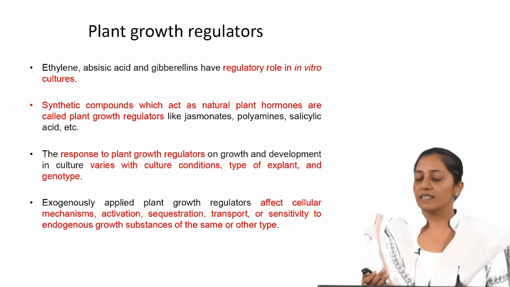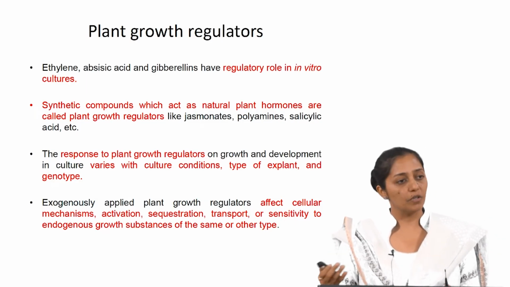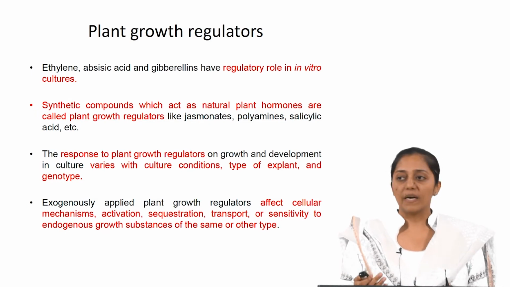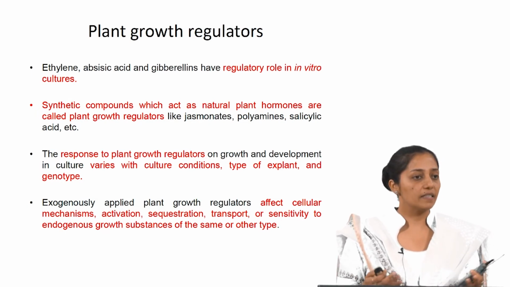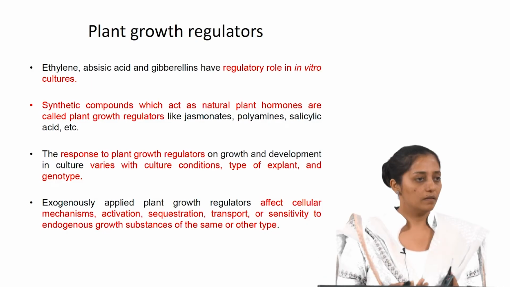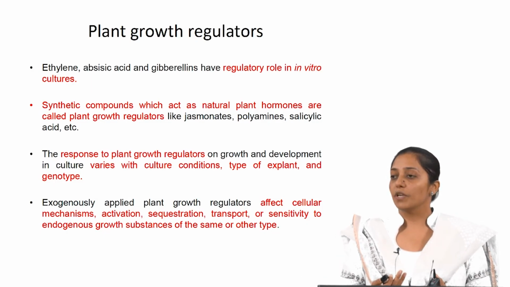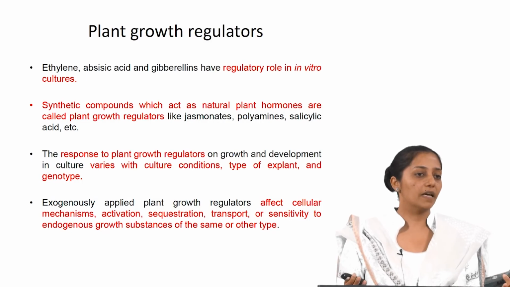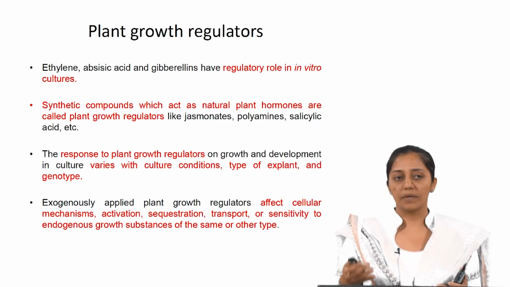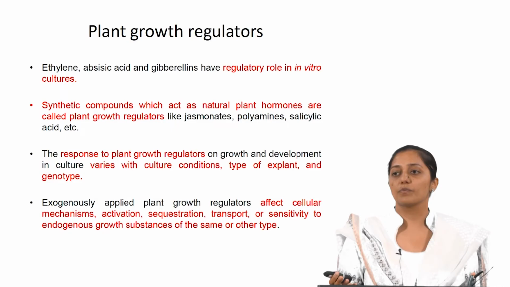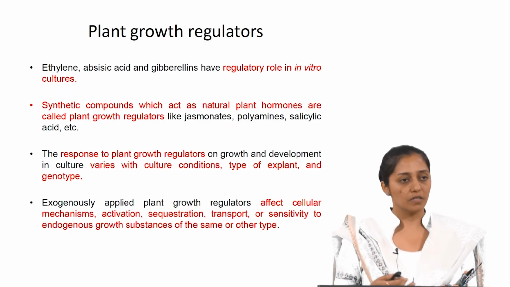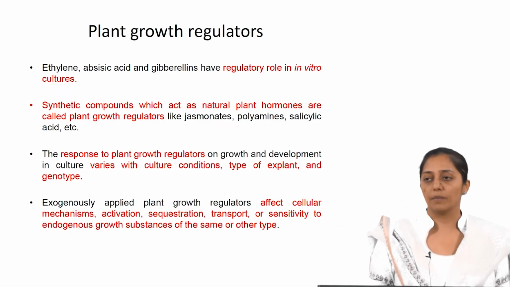Now salicylic acid is also produced as a secondary metabolite in many plants, but when exogenously added, it forms part of the signal cascade. Also jasmonate salts are termed plant growth regulators because they are exogenously added. Otherwise jasmonic acid is a part of the endogenous signal cascade mechanism in secondary metabolism.